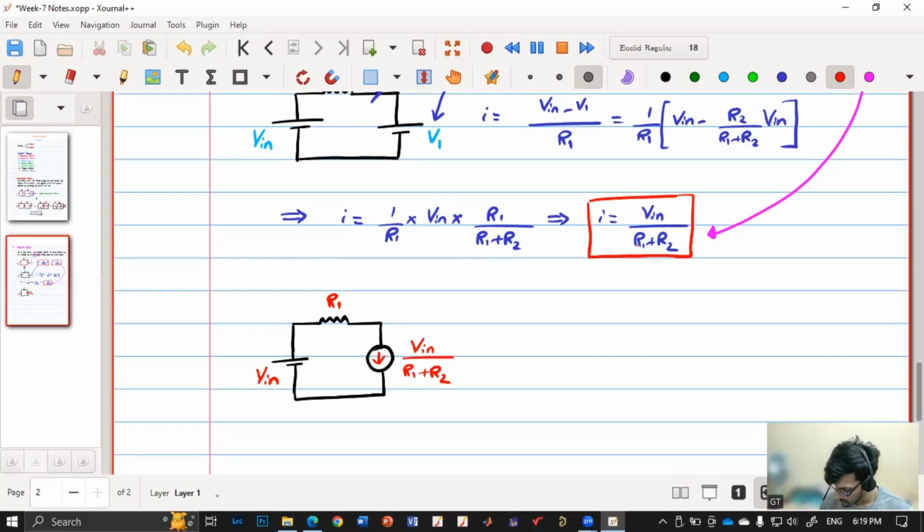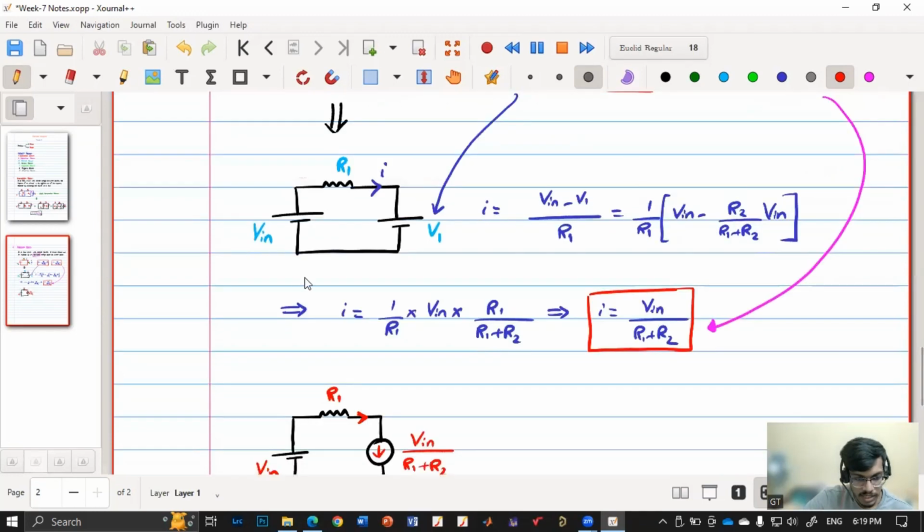If this current is flowing, the same current will flow in this R1 element as well. If I consider this as case one, case one is when I have considered the equivalent voltage source. Case two, I am considering the equivalent current source.